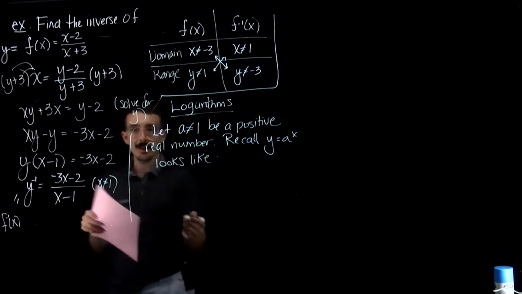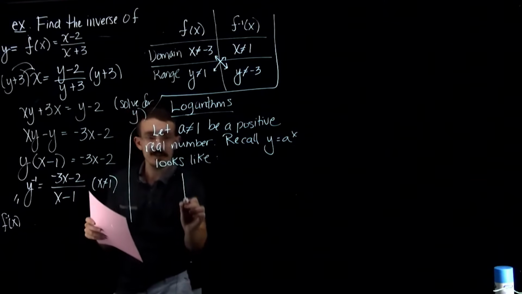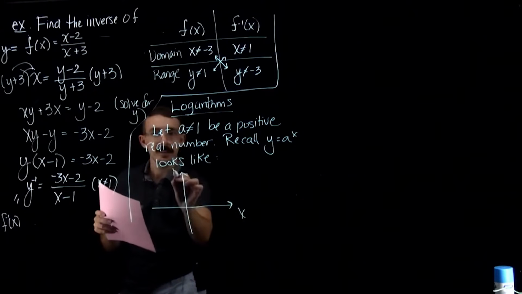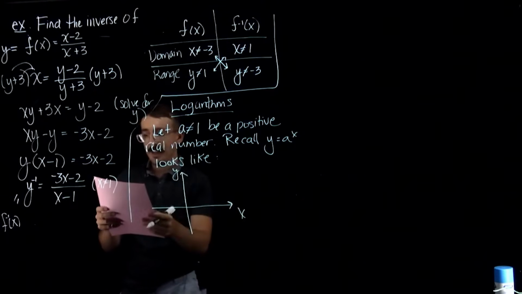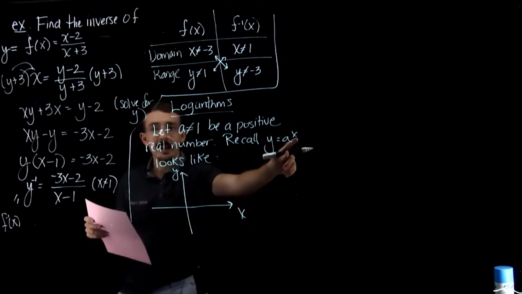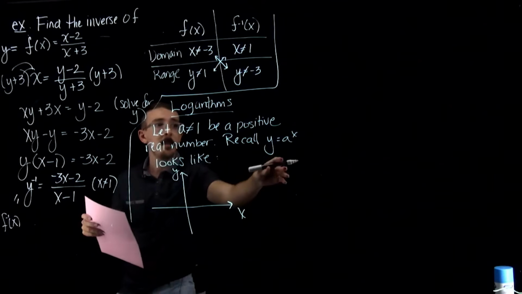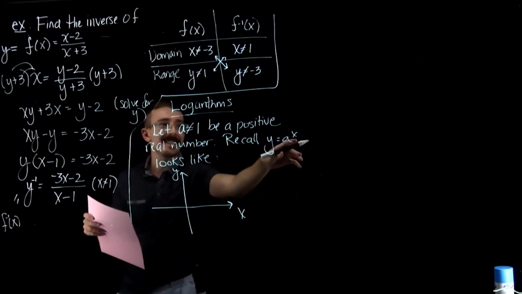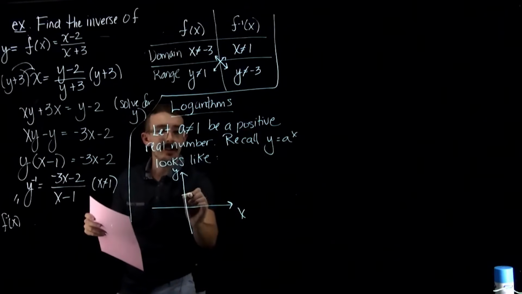what? Do you remember what the exponential graph looks like from our lecture 2? Well, here's my x-axis, here's my y. If you plug in 0, any real number to the 0 besides 0, the technicalities here, but I'm just going to ignore the case where it's 0. It's going to be 1.